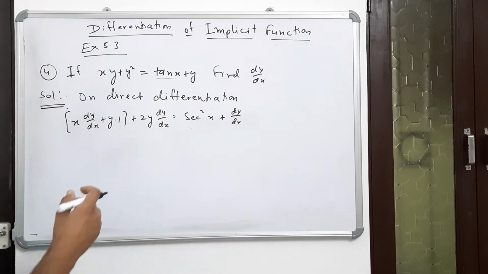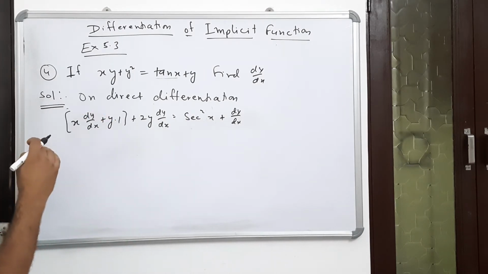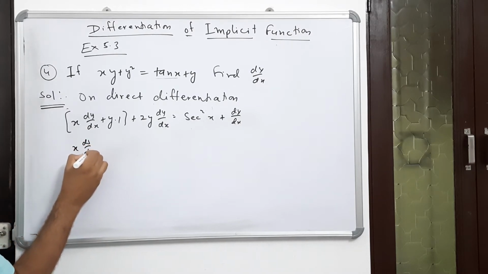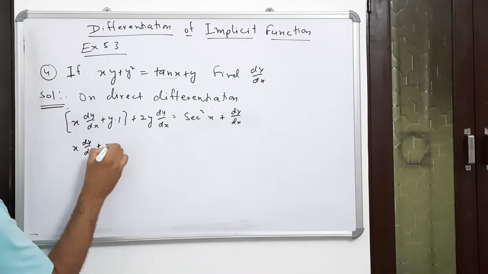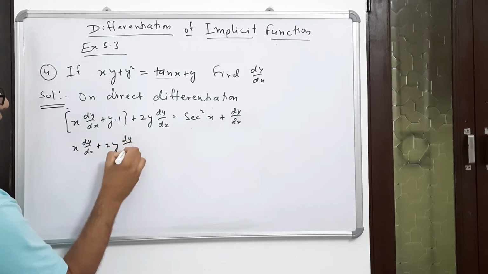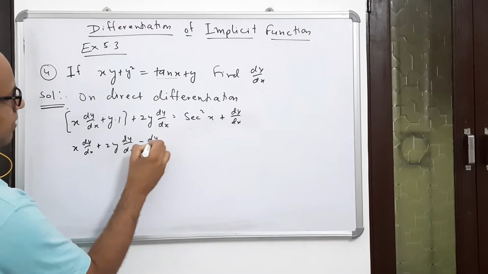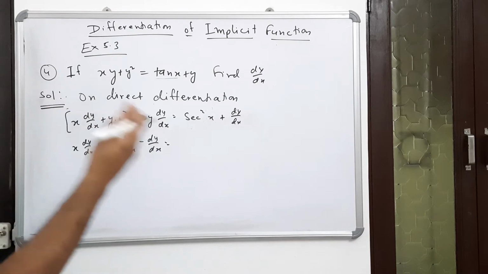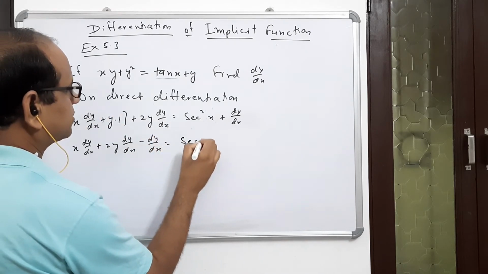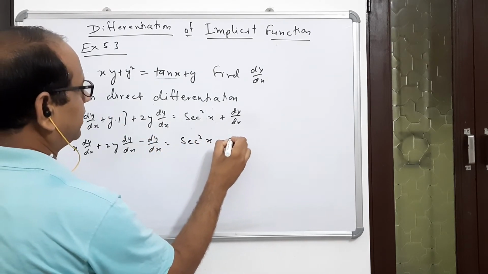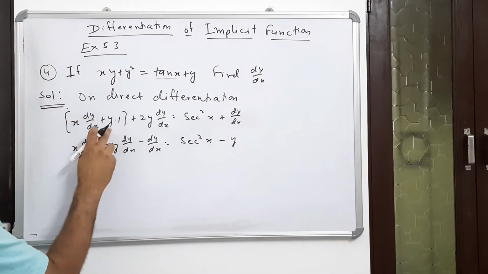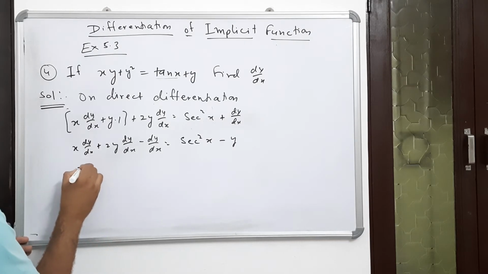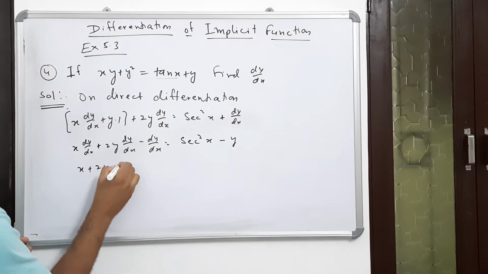Now in this step we write all the terms having dy by dx this side. So it is x dy by dx plus 2y dy by dx minus dy by dx, and all the terms which are not having dy by dx we write that side. So it is cos x minus y. In the next step we take dy by dx common.